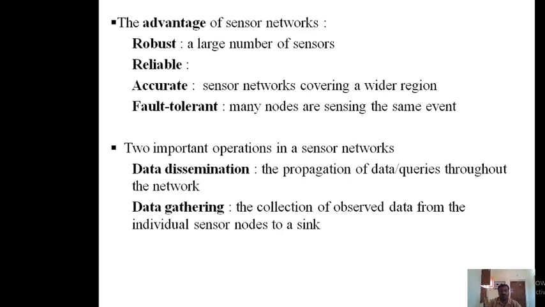Data gathering, the second one, is the collection of different data from individual sensor nodes to the sink. That means gathering the different data from different sensor nodes. So these are the two important operations performed by sensor nodes in the networks.